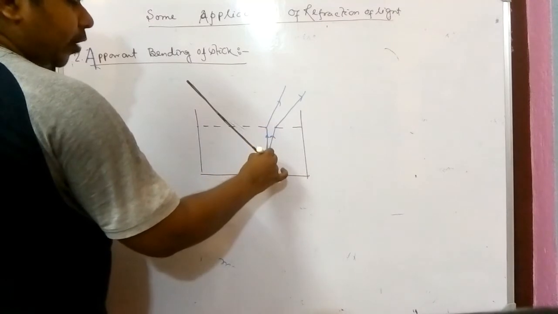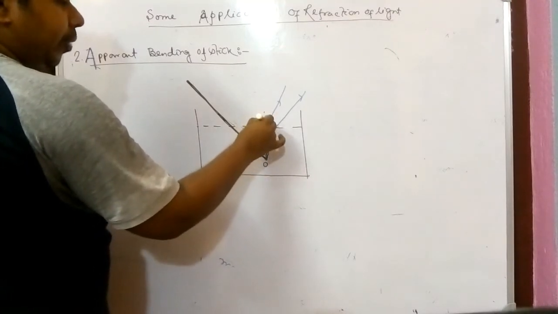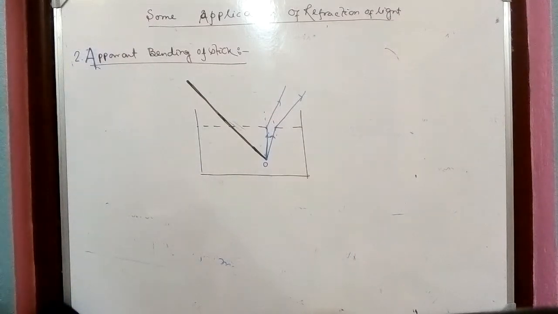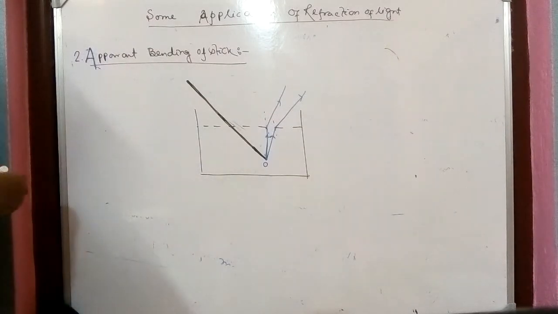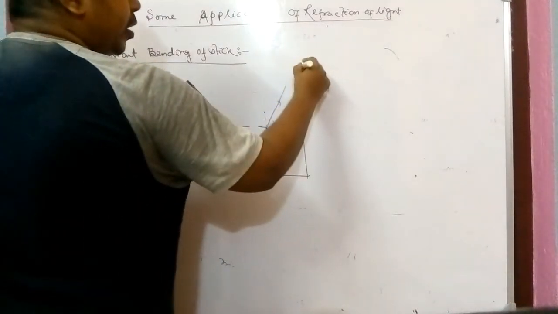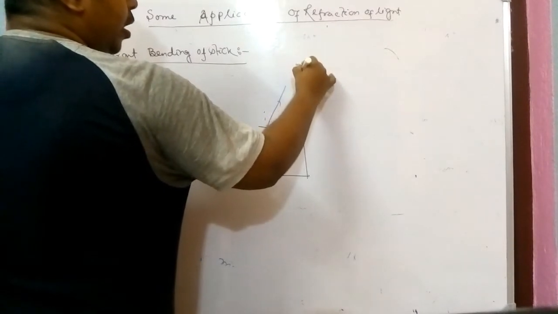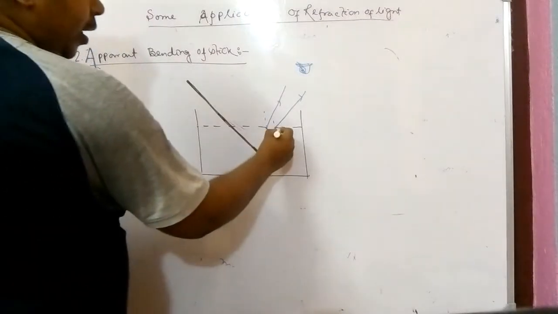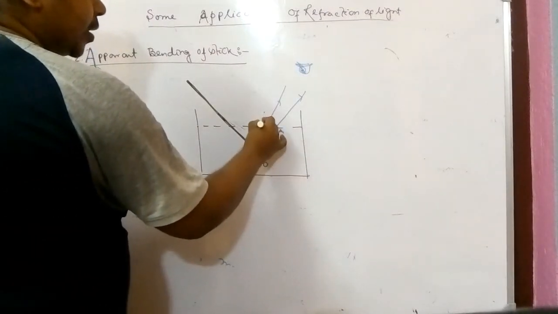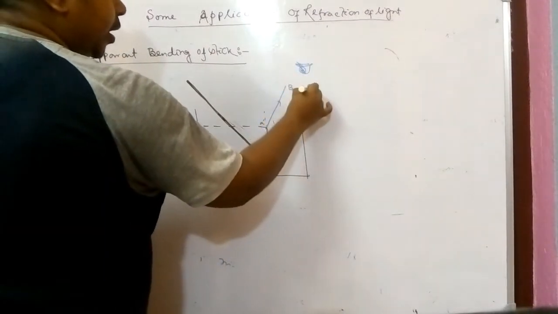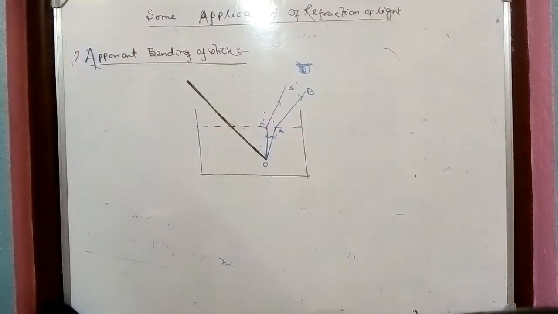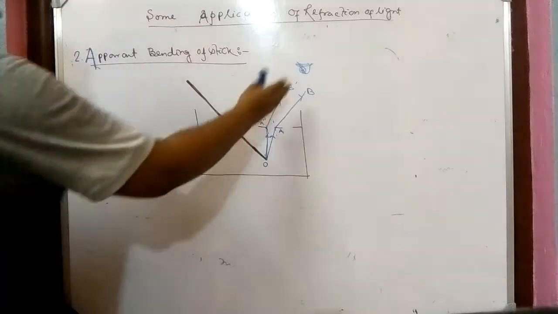As they are coming from denser to rarer medium, they will bend a little bit. But whenever we see it from here, as I have already told, we cannot follow the bending path. Assume it is A, A dash, B, and B dash.